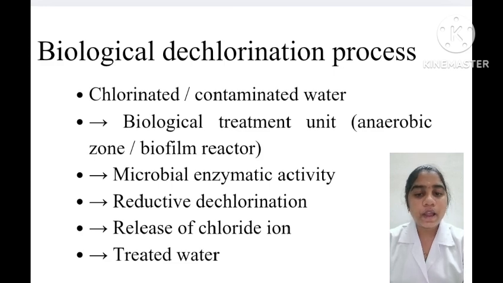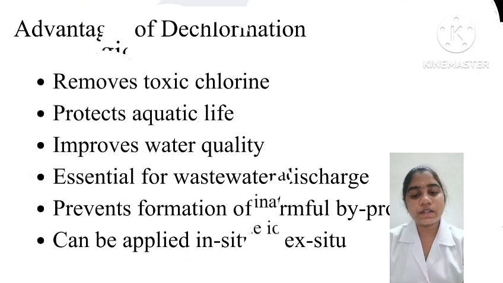Third, microbial action: the microorganisms use the organic substrate as food, electrons are released, the chlorinated compounds are reduced, and the chlorine is removed. Fourth step, conversion: the chlorinated compounds are finally converted into chloride ions. Treated water outlet: the dechlorinated and detoxified water leaves the system.